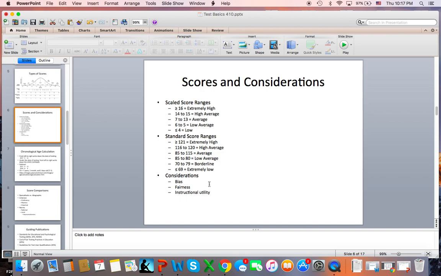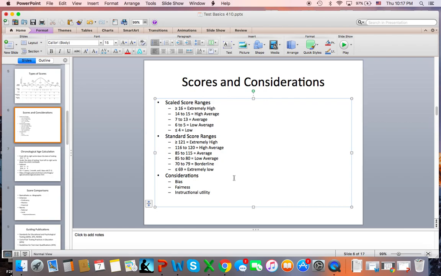Fairness is a much more difficult concept to account for in your test usage. The final thing is instructional utility. Instructional utility simply comes down to this: do these tests that we use lead to valuable instructional alterations? If they don't better inform our teaching, then what's the point?